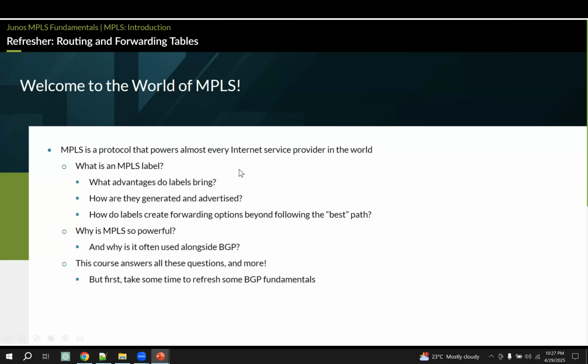What is an MPLS label? Basically, MPLS backend communication happens through labels, MPLS labels. You can say it's a signaling mechanism of MPLS. What advantage do labels bring? Labels basically bring speed.